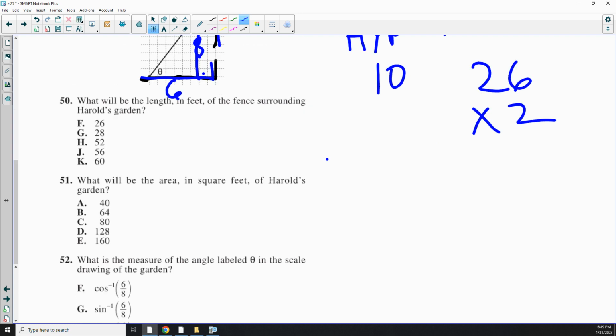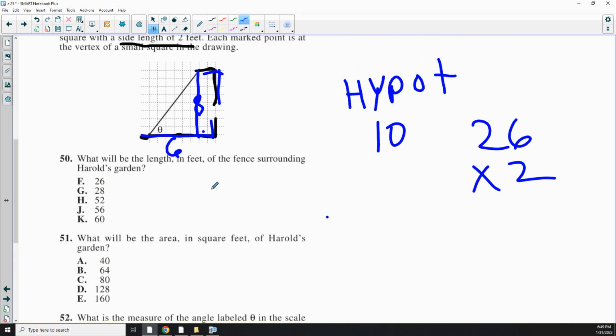I blew that one. What would be the area in square feet of the garden? I would do 2 things here. This rectangle right here would be 2 across and 8 high, so that would be 16 for the rectangle.